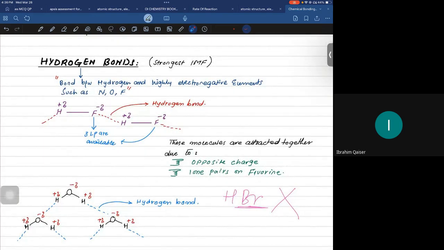Hydrogen bond is also a type of intermolecular force, but this is something special. A permanent dipole can exist between any molecule.